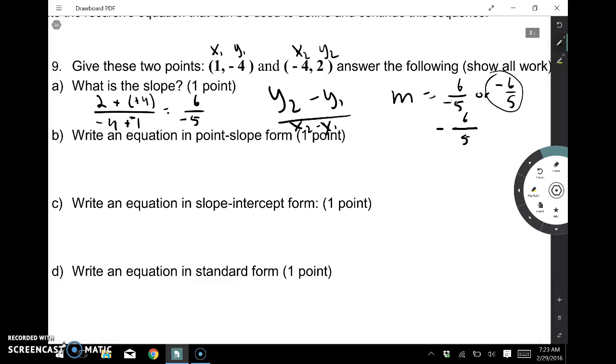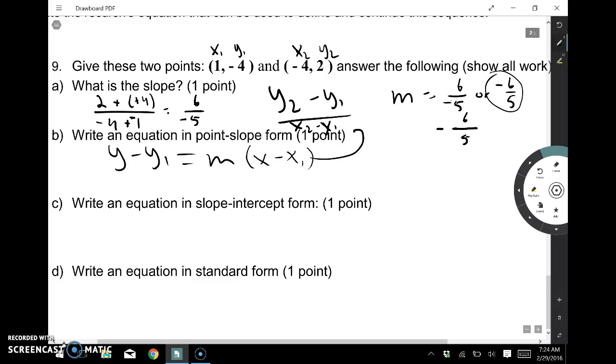Write an equation in point slope form. So point slope form is y minus y1 is equal to m, which is my slope, times x minus x1. Now this should look very familiar because it is just a variation of the slope formula.